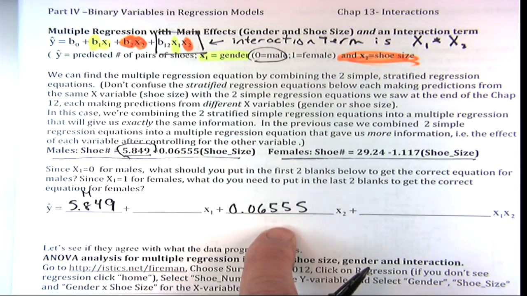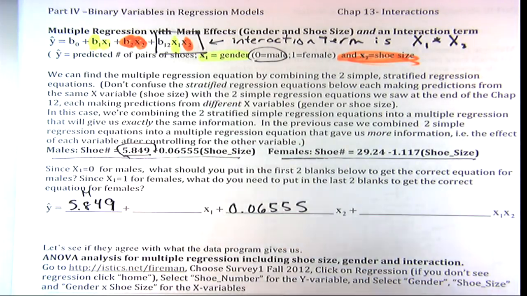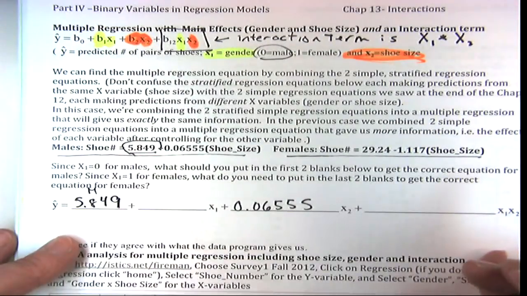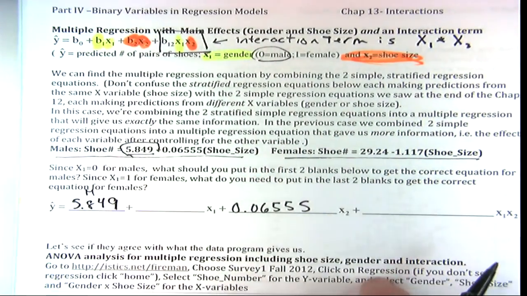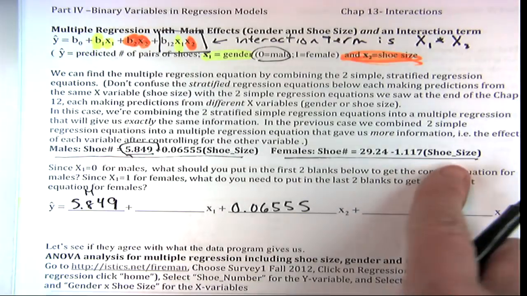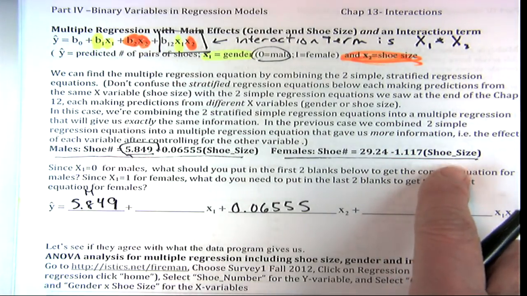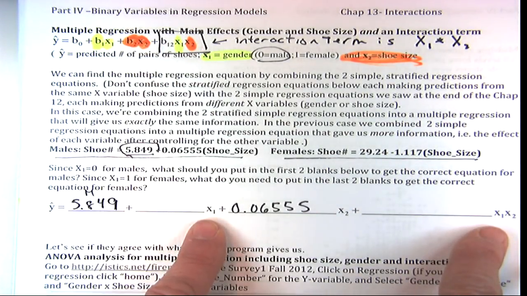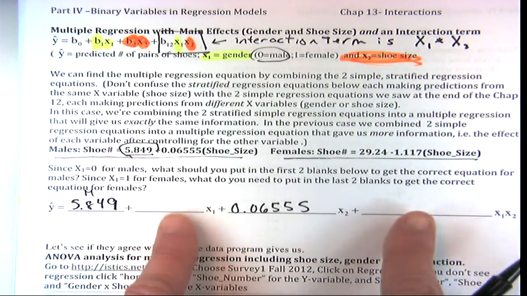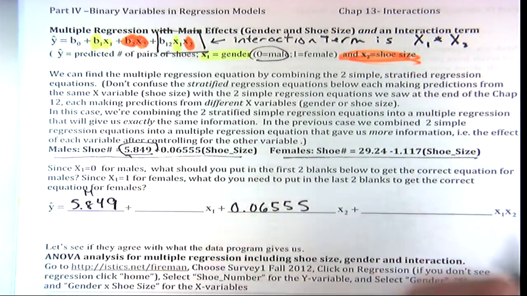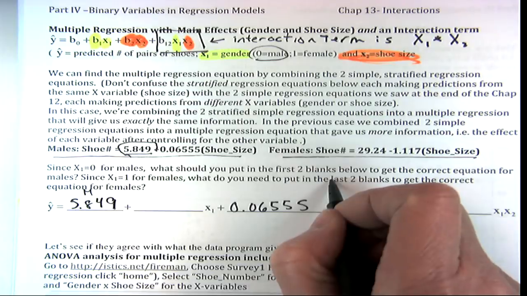Now, we know that works. We know that works for males when x1 is 0. But what about for females? When x1 is 1, what are we going to put in these two blanks? Put in the remaining two blanks.